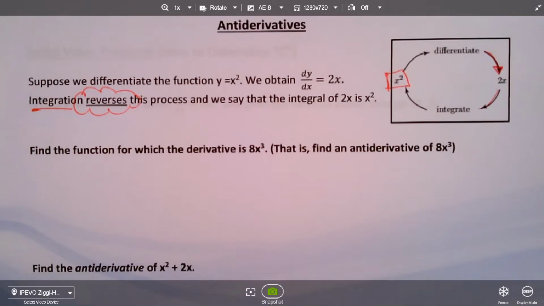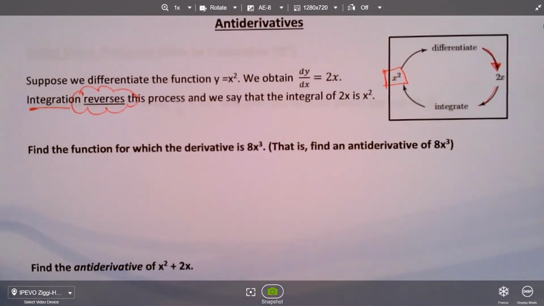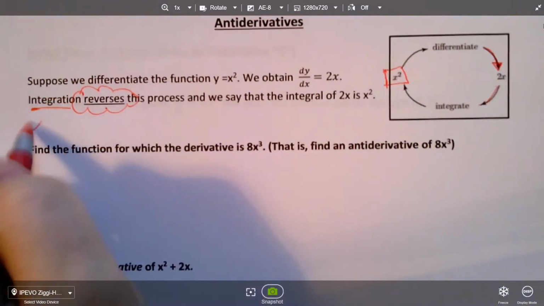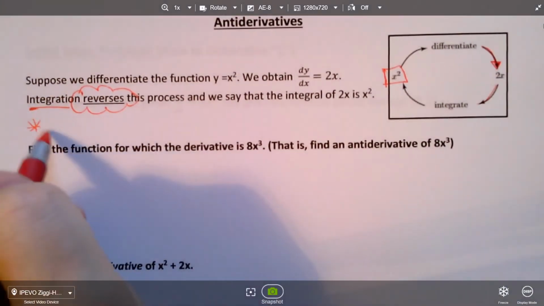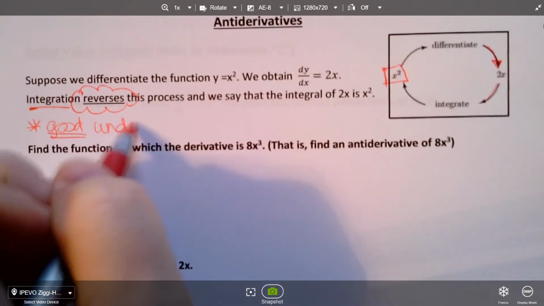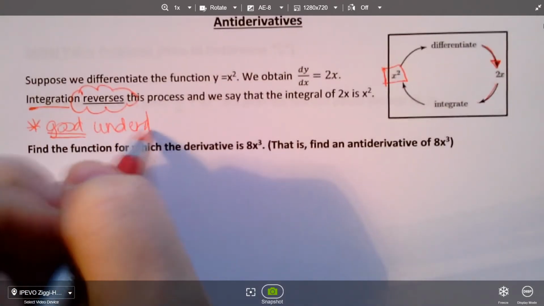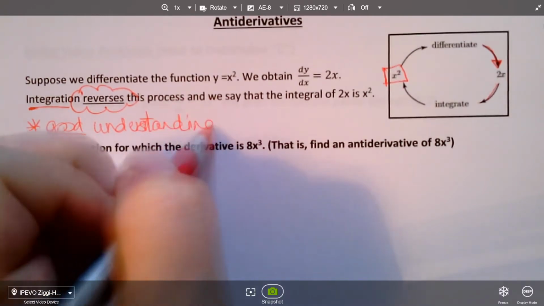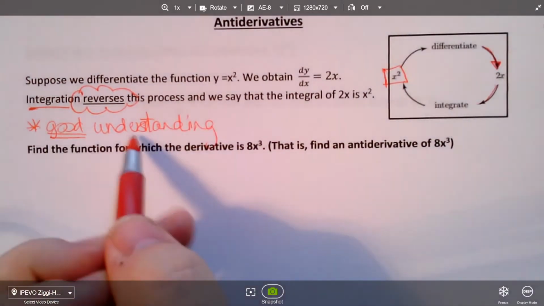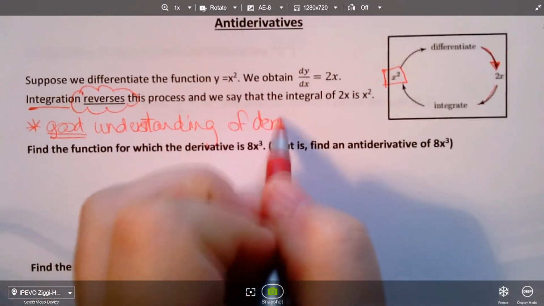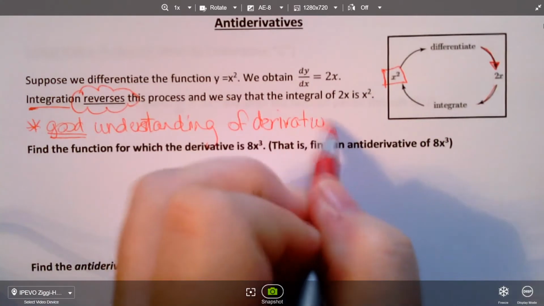So, first one, actually on that topic, before we actually get into this, let me just remind you, you do have to have a very good understanding of derivatives before we begin. Right?